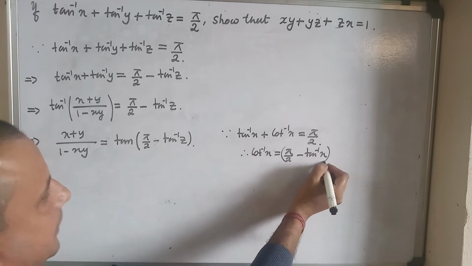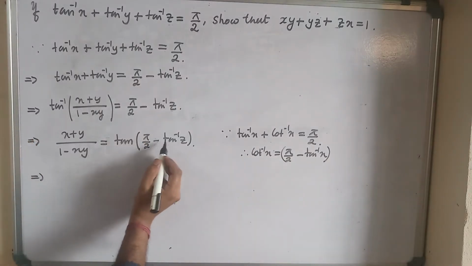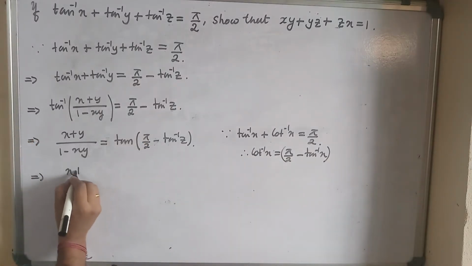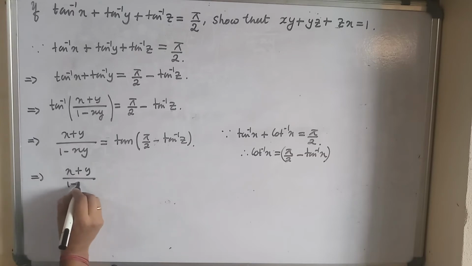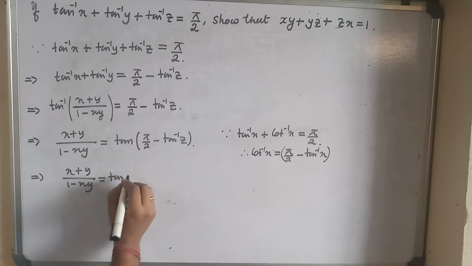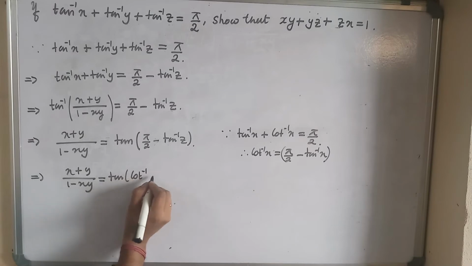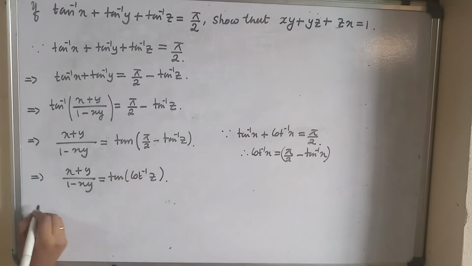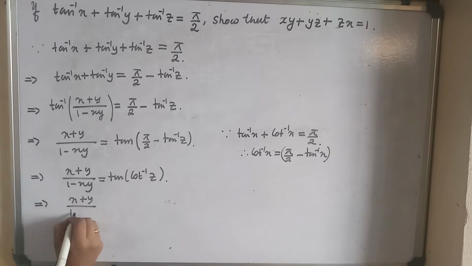Using this property, in place of pi by 2 minus tan inverse z, we can write x plus y over 1 minus xy is equal to tan of this whole quantity, which is cot inverse z. Next I'll use the reciprocal property of cot.